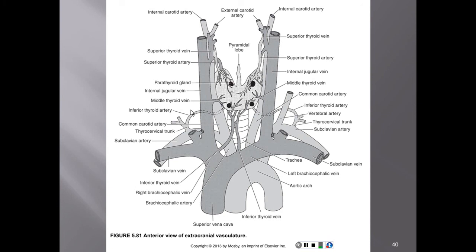At its origin, there is a dilatation called the carotid sinus, which contains baroreceptors that react to changes in arterial blood pressure. As the external carotid artery ascends the neck, it passes through the parotid gland to the level of the temporomandibular joint, TMJ, where it bifurcates into its terminal branches to supply blood to the face and neck.